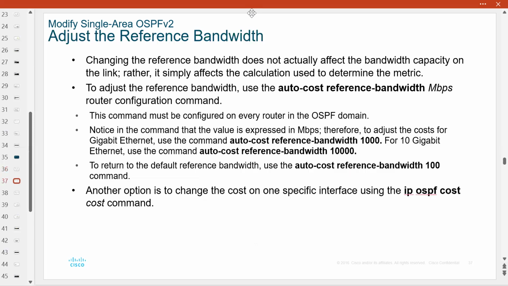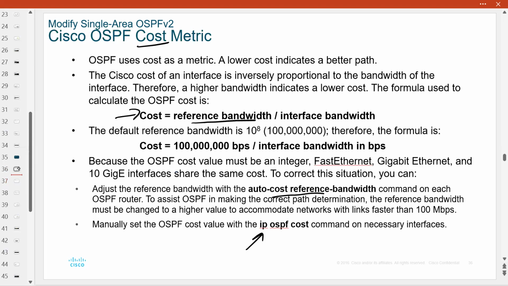All right, let's see. Adjusting the reference bandwidth. I did it in module 1, I hope. I think I'll add an extra session.